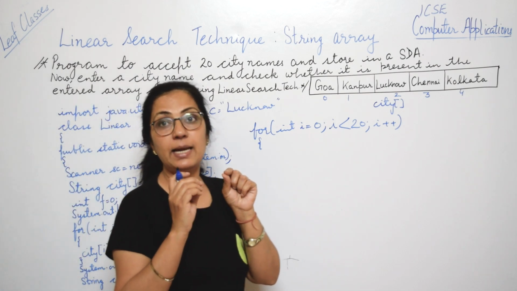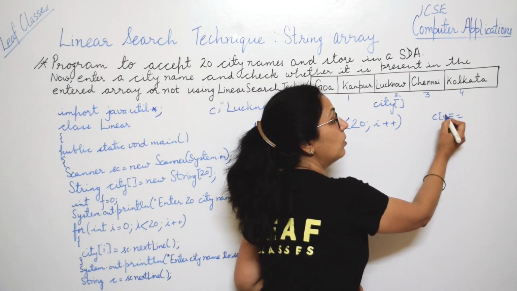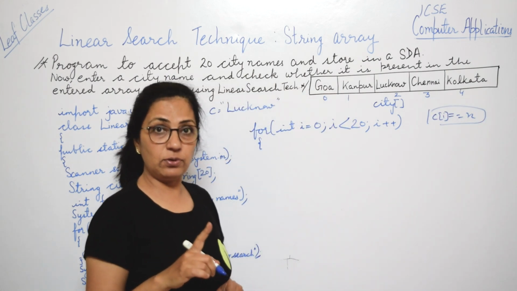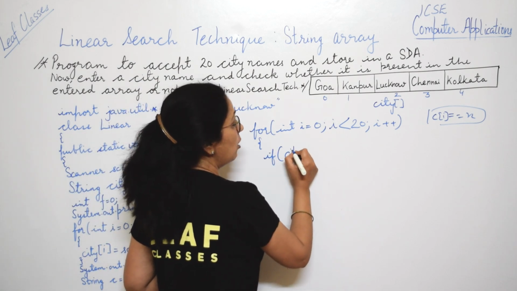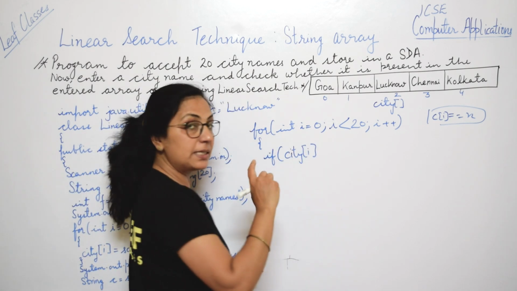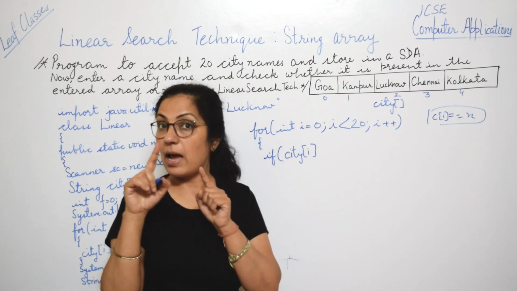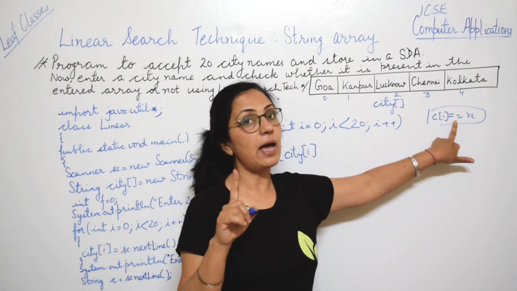Normally in others we use the equals to operator, whether C[i] equals n or not, something like this we write. But here we don't have to use that operator.